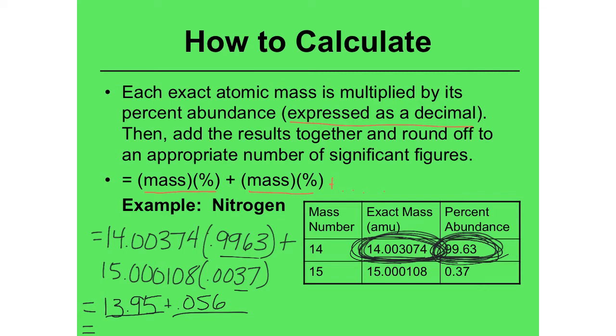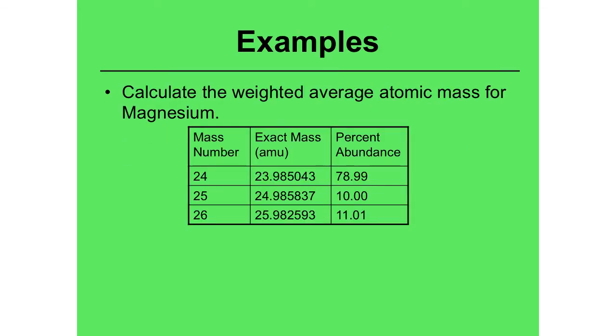We only want two significant figures for that one. Then we add them together, 13.95 plus 0.056, and that gives us 14.01. So that would be the weighted average atomic mass for nitrogen. Notice it's much closer to the 14 number than to the 15.